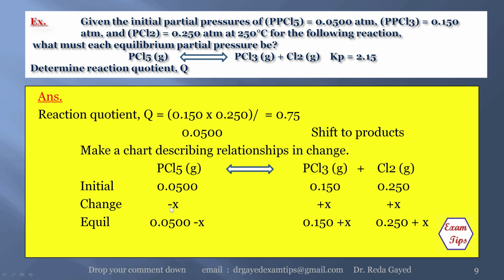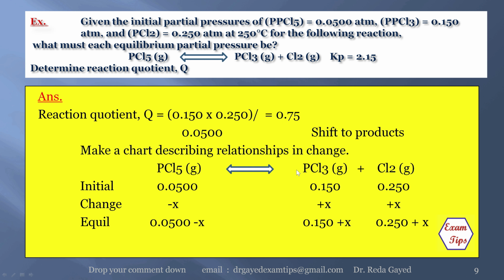It loses. That's why it is minus. Here in the products, it will gain. This will lose and this will gain by the same coefficient based on the chemical equation. If the coefficient here is 1, here it is just x. If it is 2, it should be plus 2x and so on.